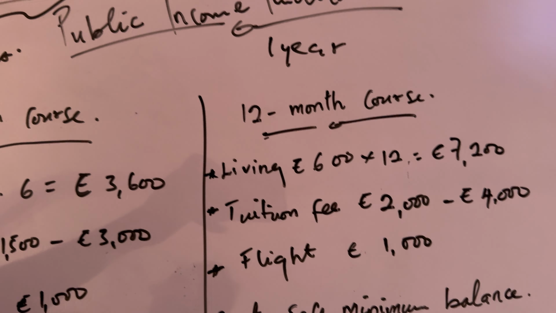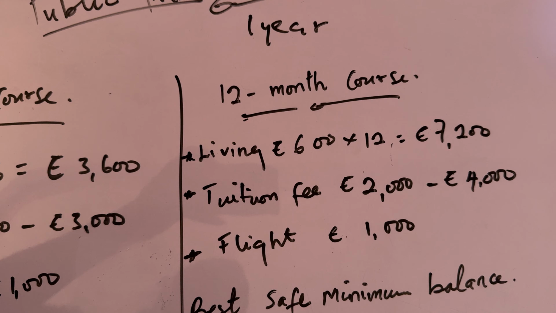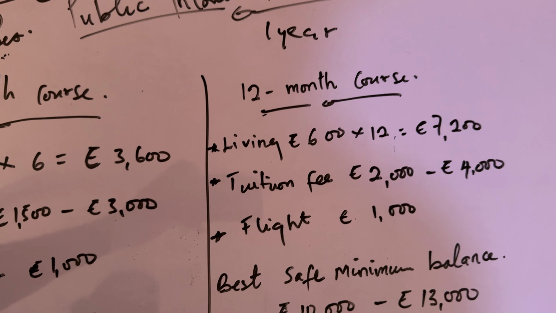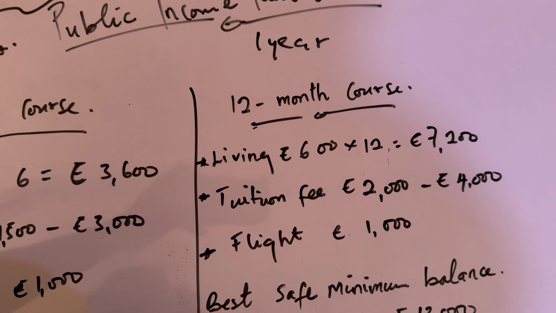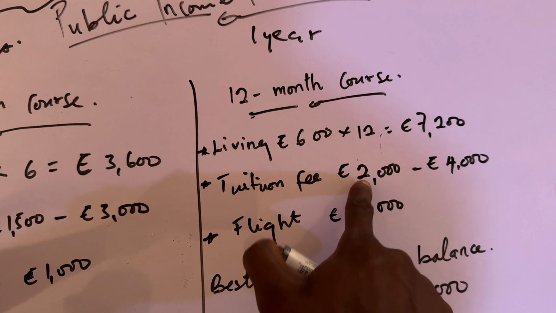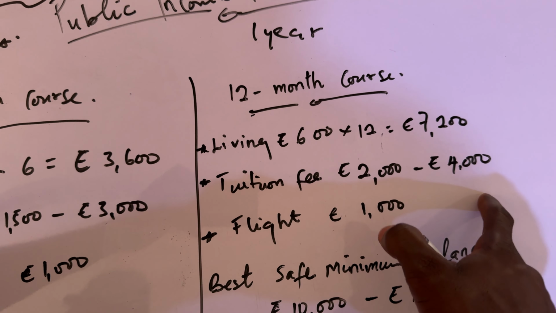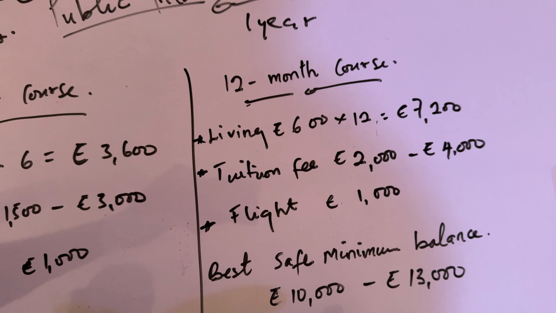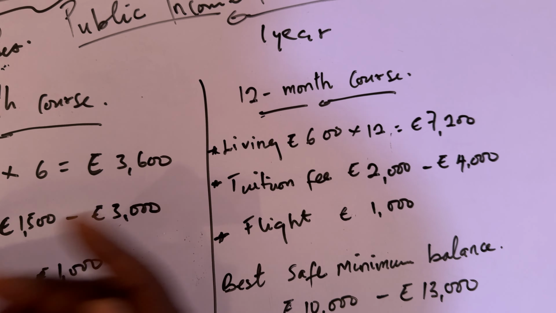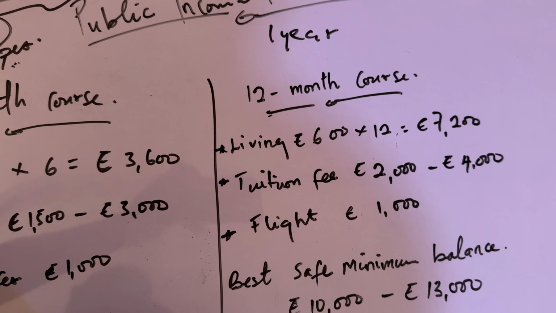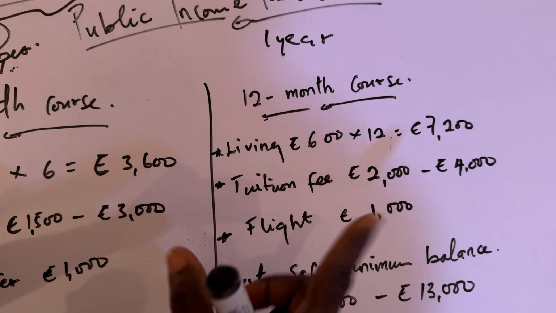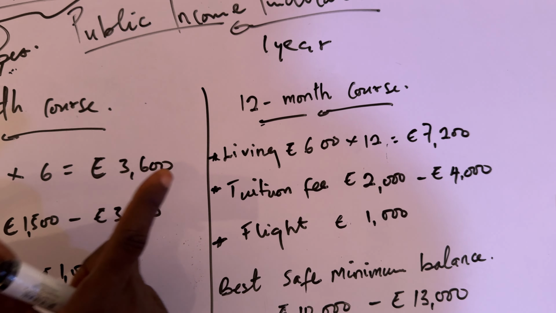Now the next thing is your tuition fee. Let's say your tuition for the whole year is 2,000 to 4,000 euros estimated. I don't know the country or the college you want to apply to, so it's your own choice. Make sure you check that, or you can replace it with your fee.